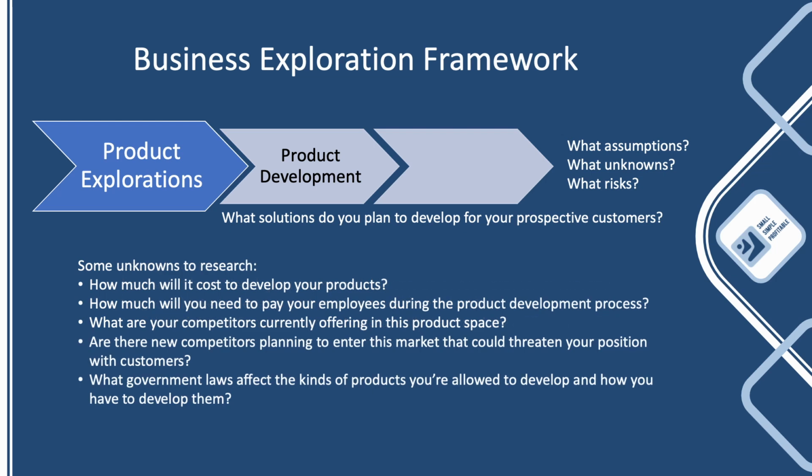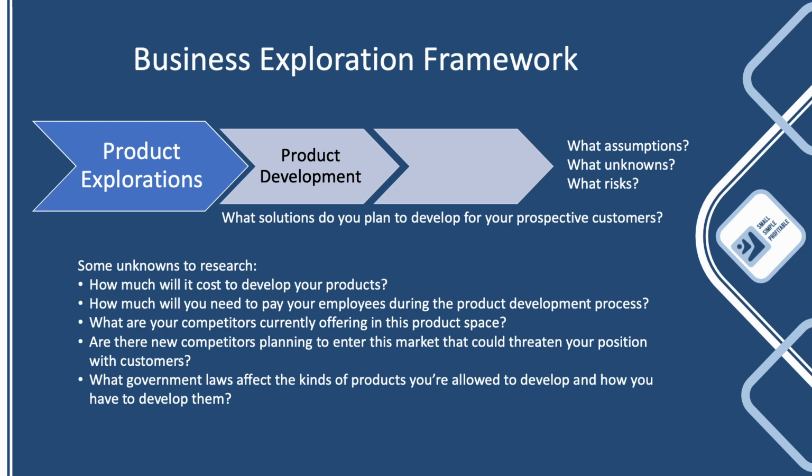Next, let's look at the unknowns. Some unknowns to research include: how much will it cost to develop your products? How much will you need to pay your employees during the product development process? What are your competitors currently offering in this product space? Are there new competitors planning to enter this market that could threaten your position with customers?